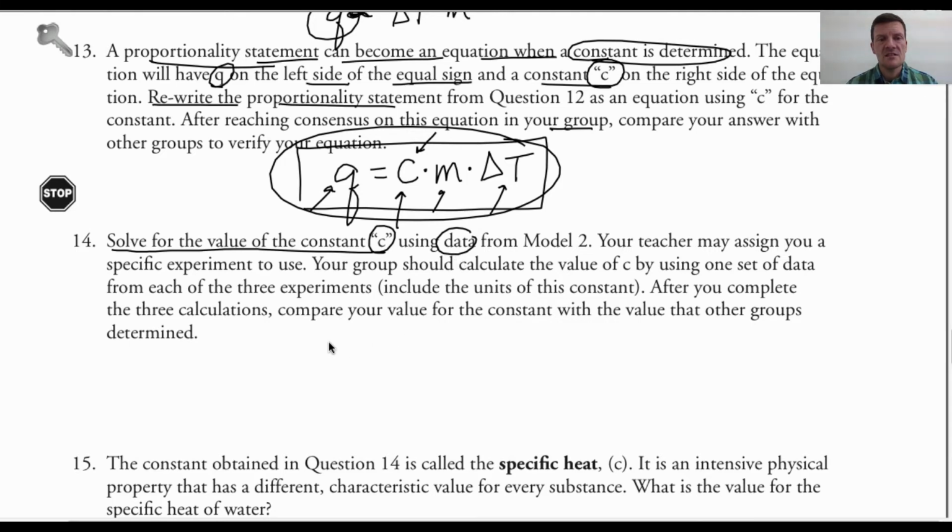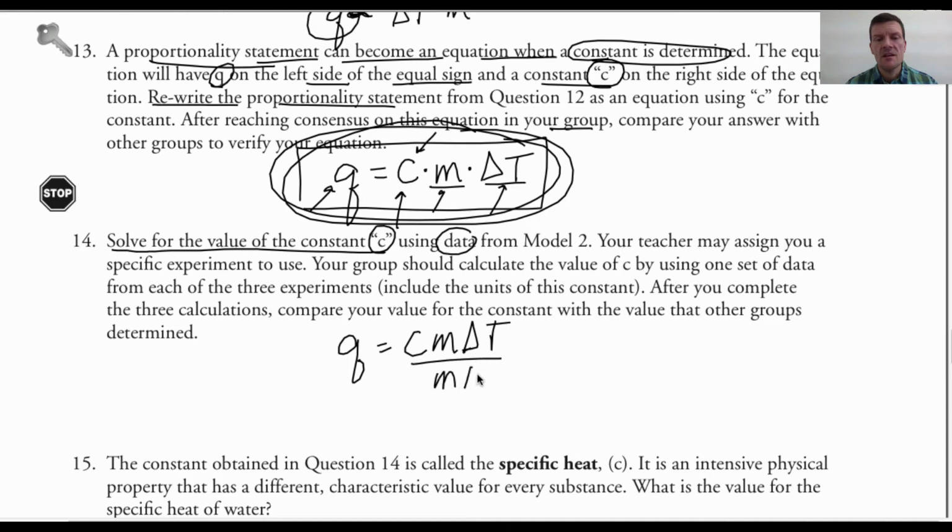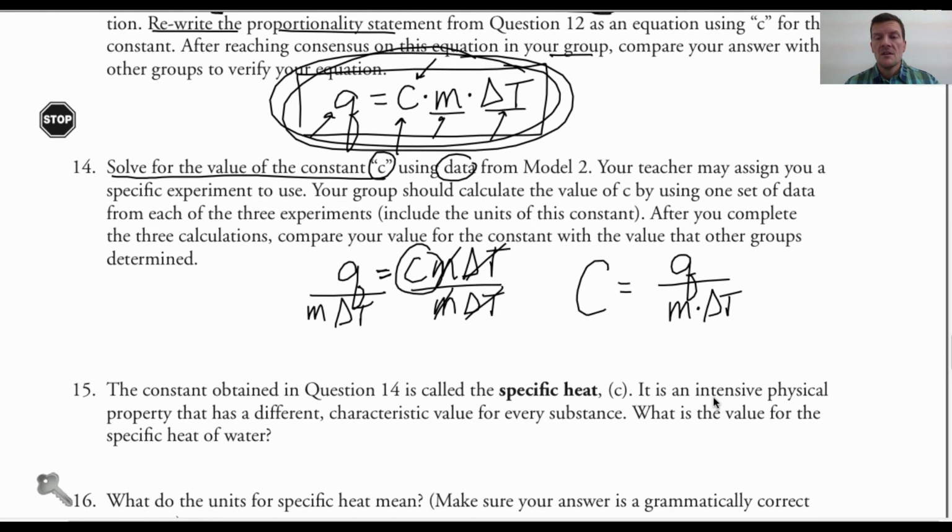So I'm going to take this equation and divide by M and delta T in order to cancel it from the right, move it over to the left side, and solve for C. I divide this side by M and delta T, I divide the other side as well by M and delta T. This all cancels on this side, and I have C equals Q over M times delta T. I'm going to write it as C equals Q over M delta T.